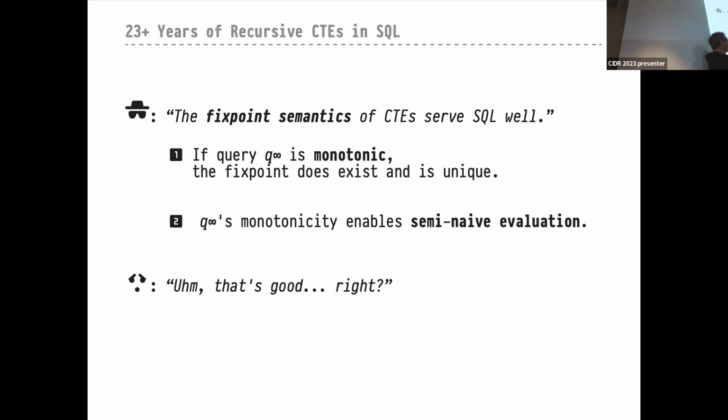And if Q loop is monotonic, then you can employ clever evaluation techniques like semi-naive evaluation to evaluate these recursive CTEs efficiently. That might not mean much to many folks out there, but this monotonicity business and the semi-naive evaluation business have some consequences that gave us some headaches in recent months and years.